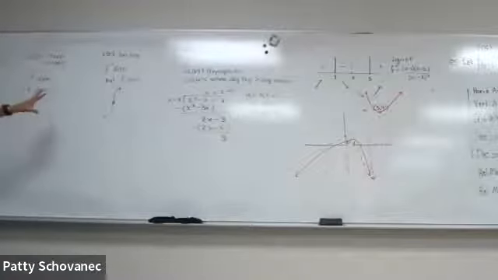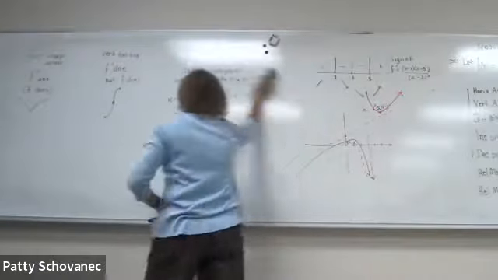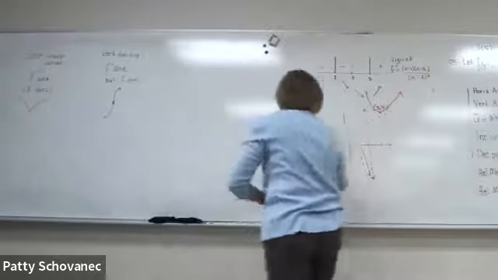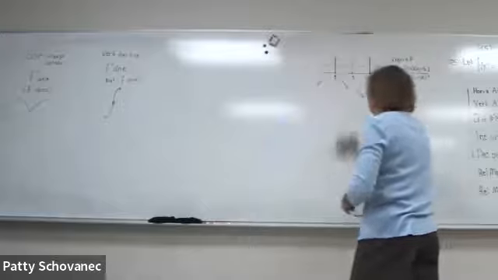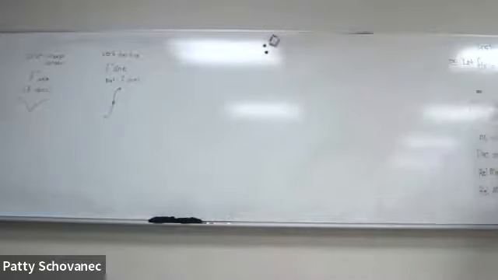This type of thing usually happens not when you have a rational function, but a function that has rational exponents. So let's look at my next two examples here. Whole number exponents keep things bending in ways that we expect, kind of like polynomials.